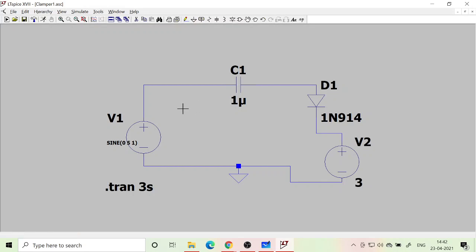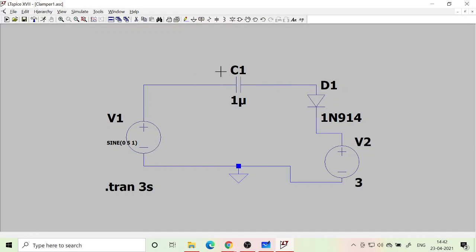When the diode is getting forward bias, it will charge. When does the diode get forward bias? 3 plus 0.7 or something. I don't know what is the cut-in voltage of this diode. Depending upon that, you need to add that with 3. Above that the diode gets forward biased, and this peak will go beyond that.